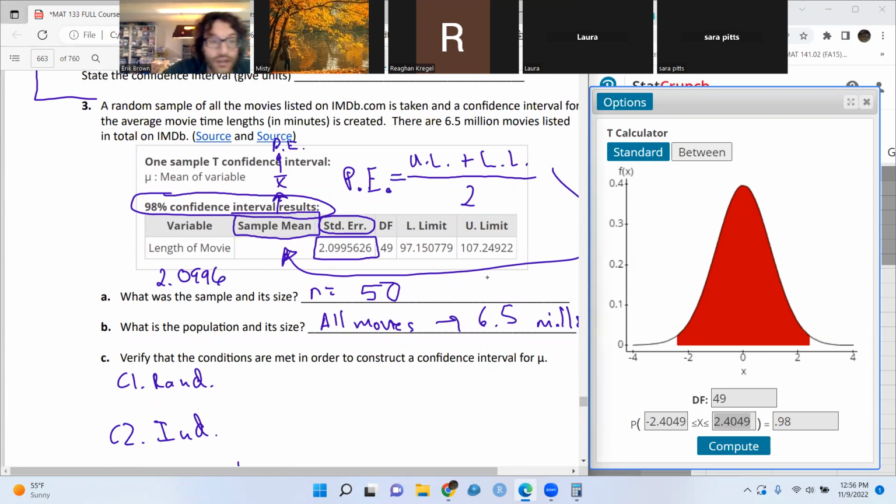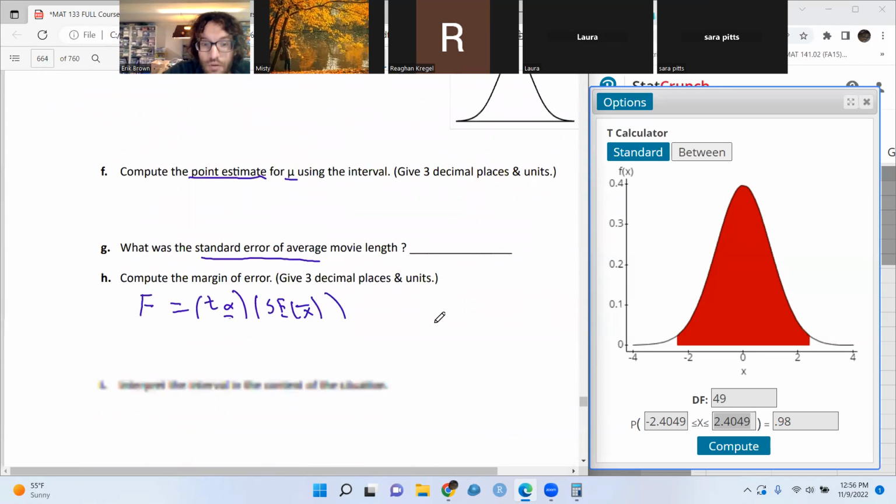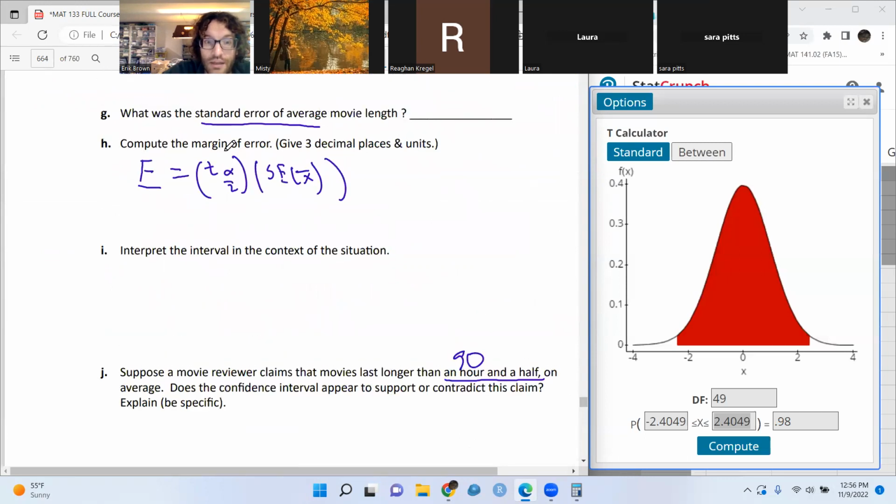If you did 3, it would be 2.1. Or you could use all of them. It doesn't particularly matter. What's most important is that you know how to compute that margin of error. And on the exam, if it's a question like this, make sure you write down the 2 numbers you're using so I can see if it was a rounding mistake, if you get a messed up answer.